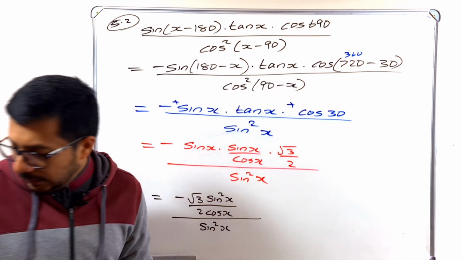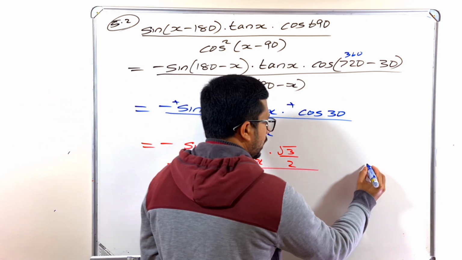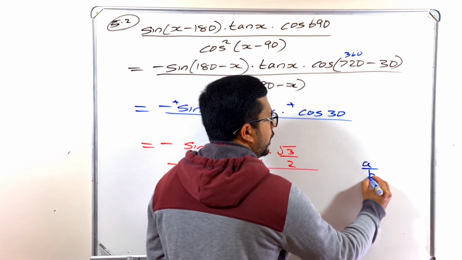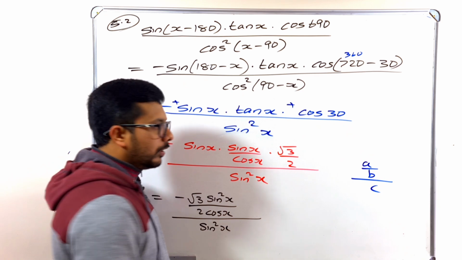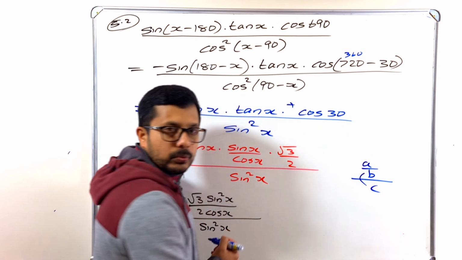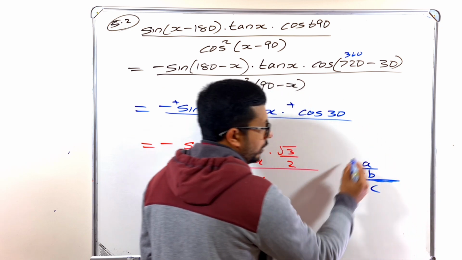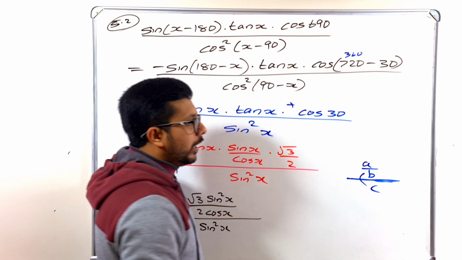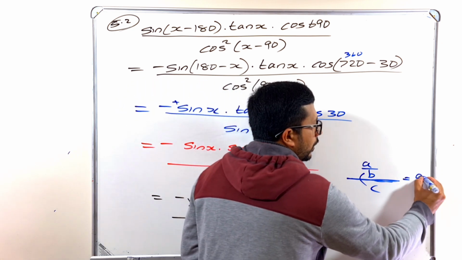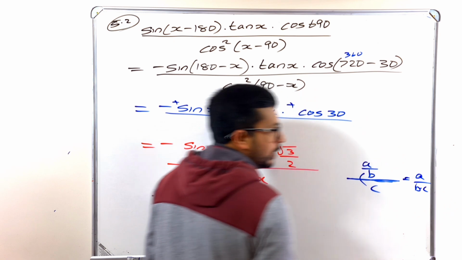For example, if it is a by b divided by c, how can you write it simply? You just multiply these two. When it is a divided by b over c, how can you write that? A divided by, you just multiply these two, b times c.